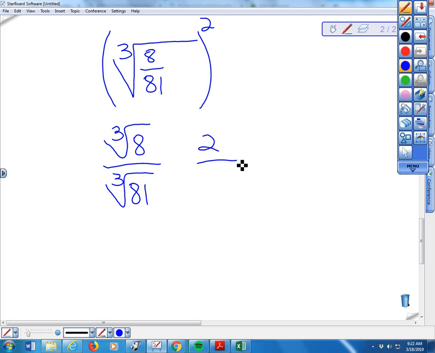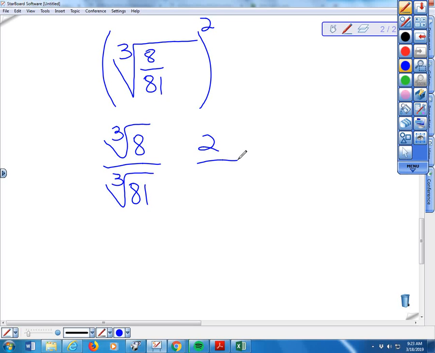The cube root of 81, well, what number goes into 81 that's a perfect cube? Perfect cube. So what number times itself 3 times is 8? That's what a perfect cube is: a number times itself 3 times.